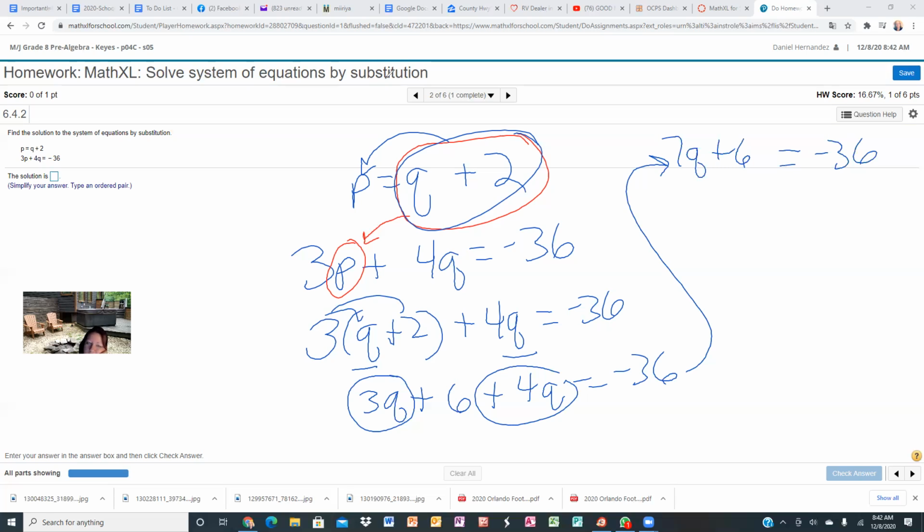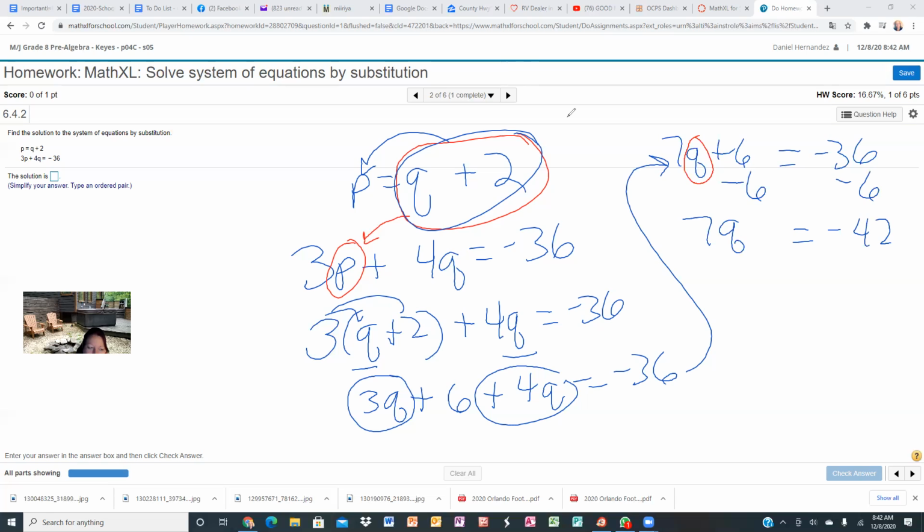The goal is to get this Q by itself. He wants to be single. So you got to get rid of the 6, so you subtract it on both sides. All right, and so that's going to be 7Q equals negative 42.